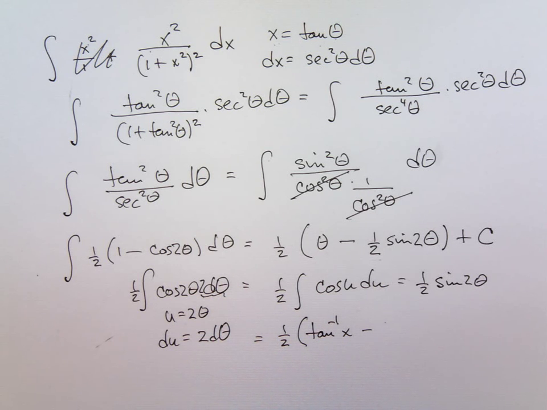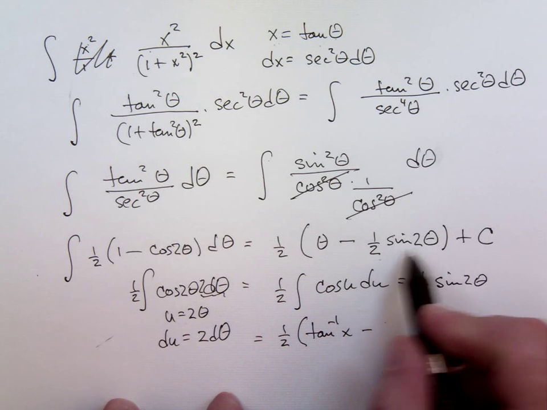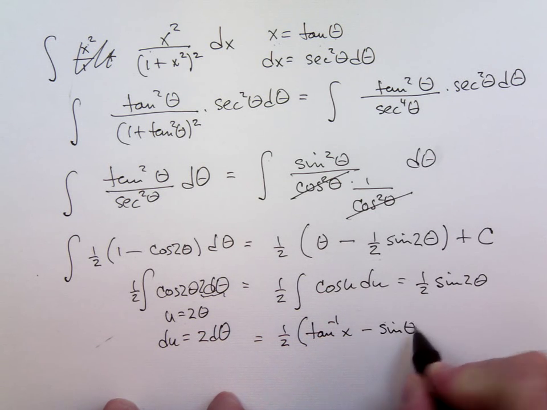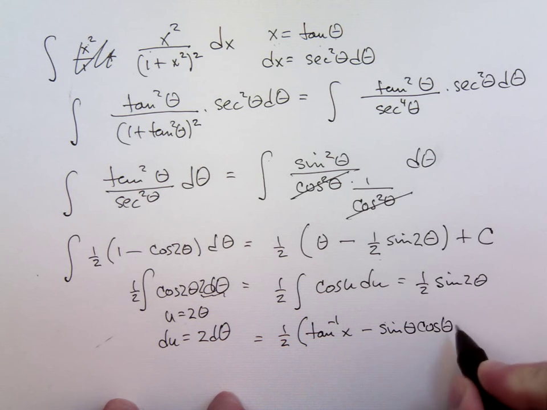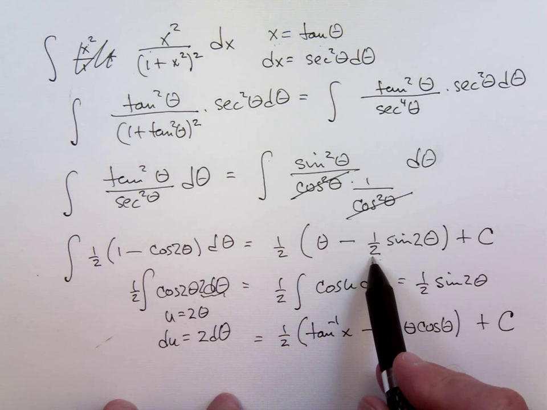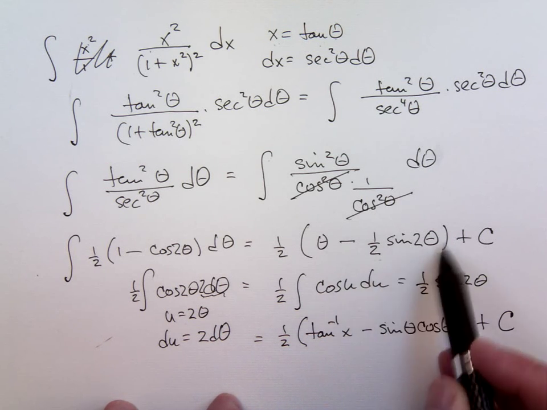Okay. We got 2 sine theta, cosine theta. The 2's cancel. So we get sine theta, cosine theta, plus c. I take the 1/2 times the 2. Sine 2 theta is 2 sine theta, cosine theta.